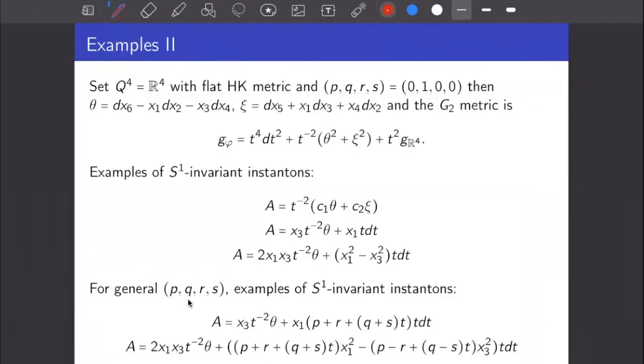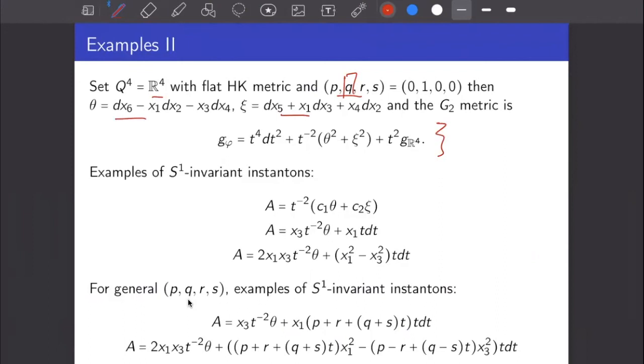The simplest example of a hyperkähler manifold is just R4. So just take the flat hyperkähler structure on R4 and set the constants to be mostly 0 except Q, which we're going to set to be 1. Then very concretely, you can define the connection forms in local coordinates. Here's the expression, and the G2 metric takes the following form here.